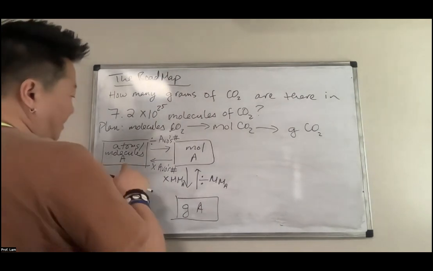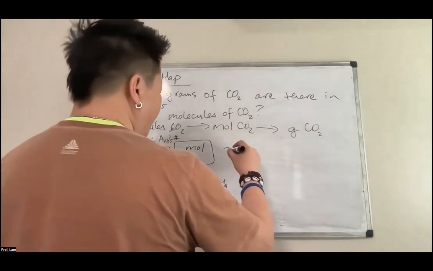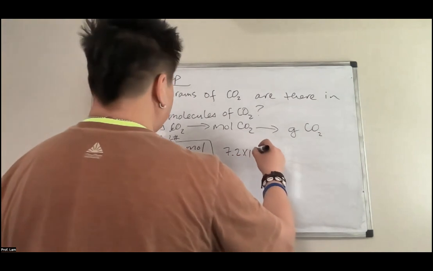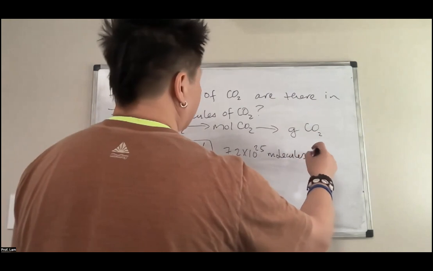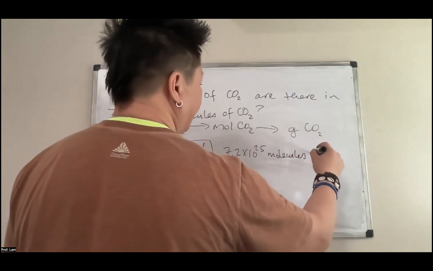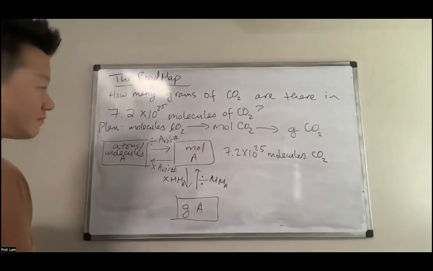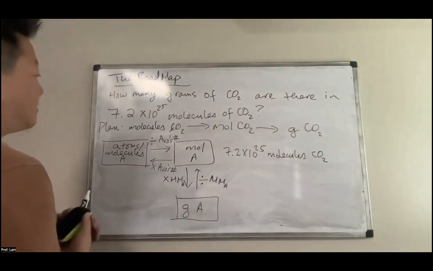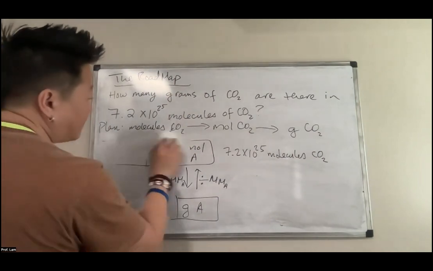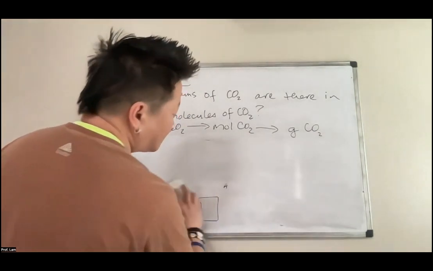Okay. We start at 7.2 times 10 to the 25th molecules of CO2. I'm not gonna have room. Let me erase the map for now. You guys have it, right? You're gonna have it in your notes, so you can be looking at that.